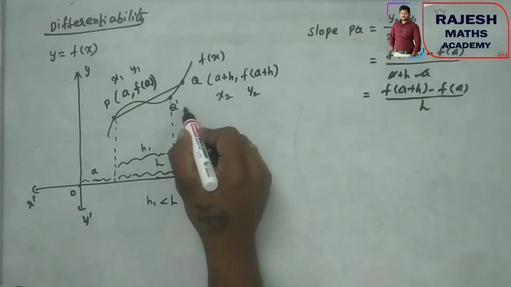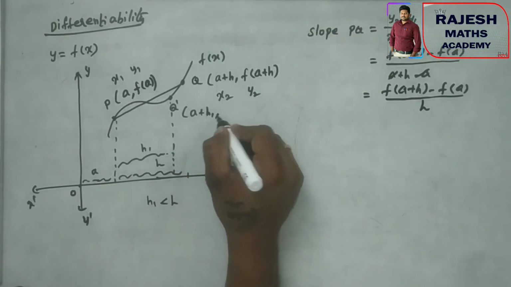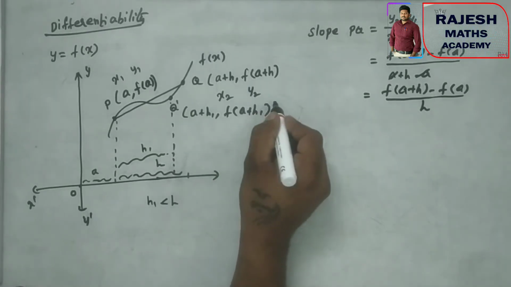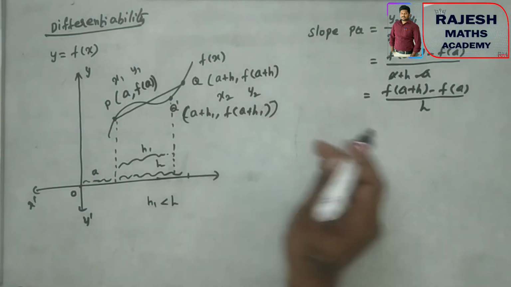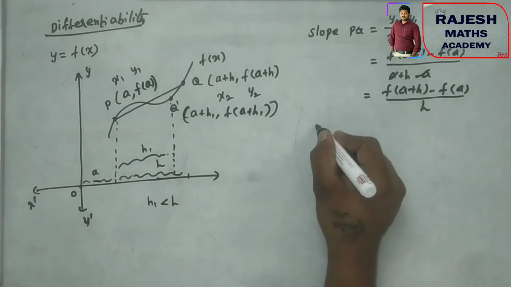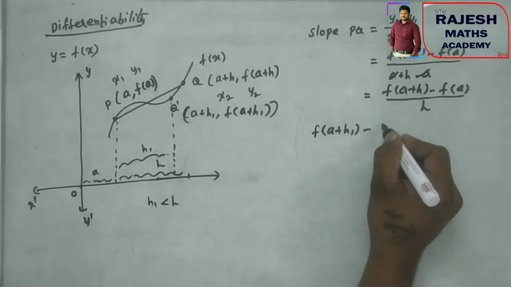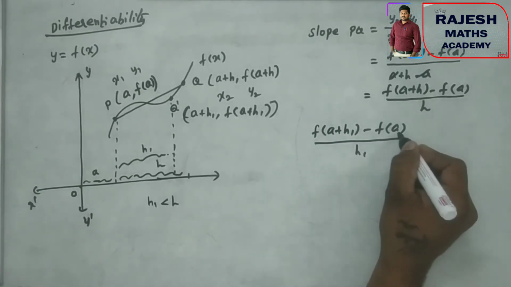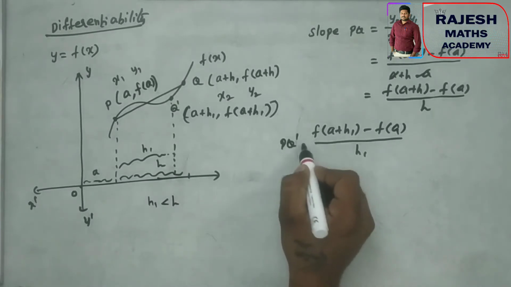So the coordinate of Q dash will be (a plus h1, f of a plus h1). Clear? In this case, I will get the new slope, which after simplifying is f of a plus h1 minus f of a, divided by h1. This is the slope of PQ dash.